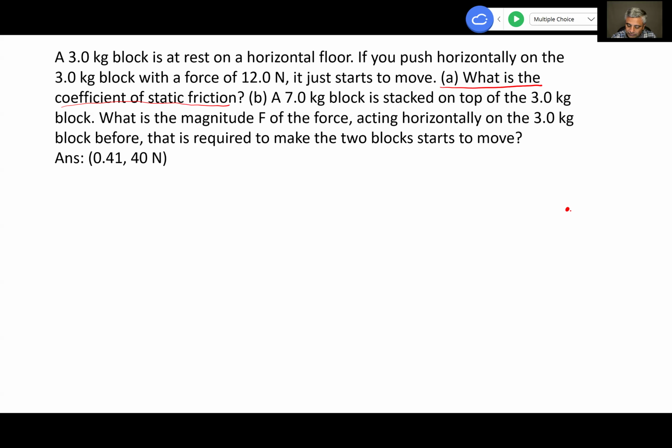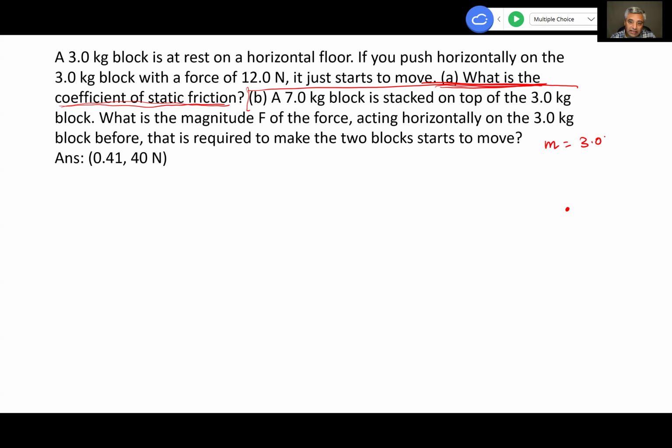Okay. So there is only one mass in this case, right? Up to part A, there is only one mass. Once we go to B, then we have two masses. So for now, just one mass. I'm denoting that mass by just M without any subscript.